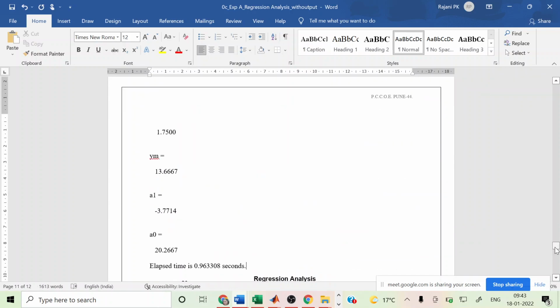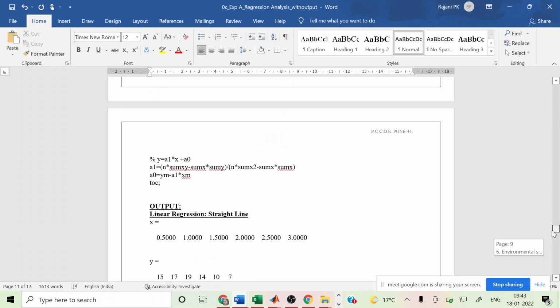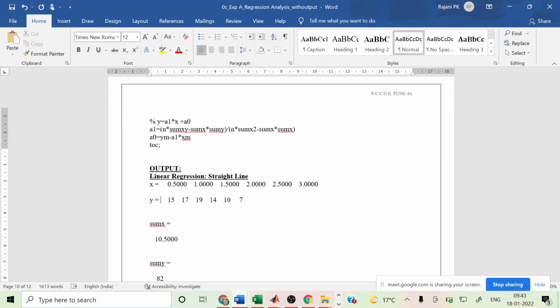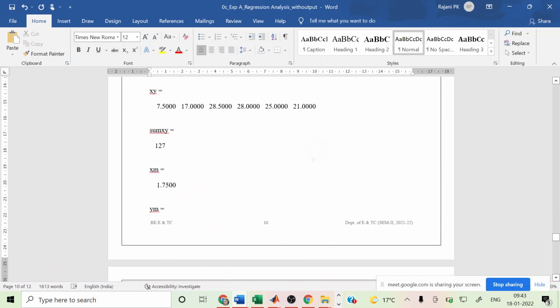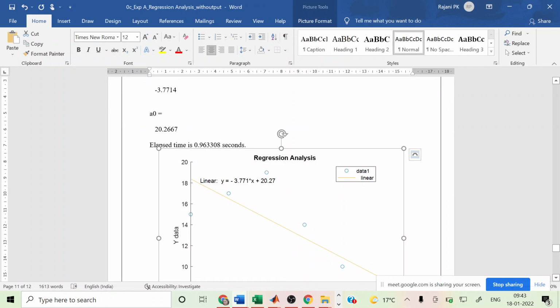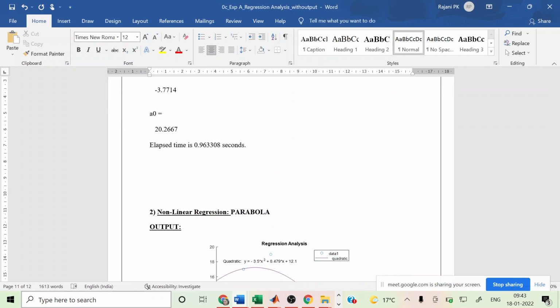Then you can even adjust the lines, because this occupies a lot of space, so you can make it smaller so that it is properly seen. I am not taking the time for doing that now. After that, how to get this regression analysis line?